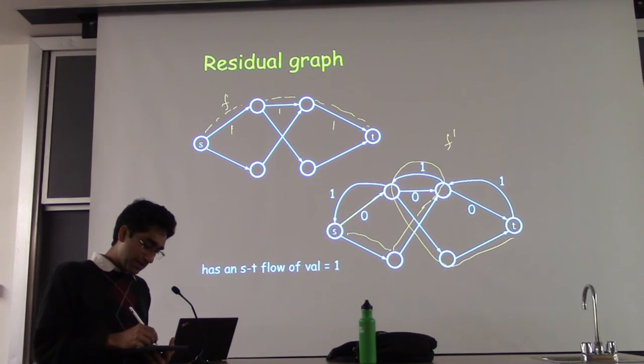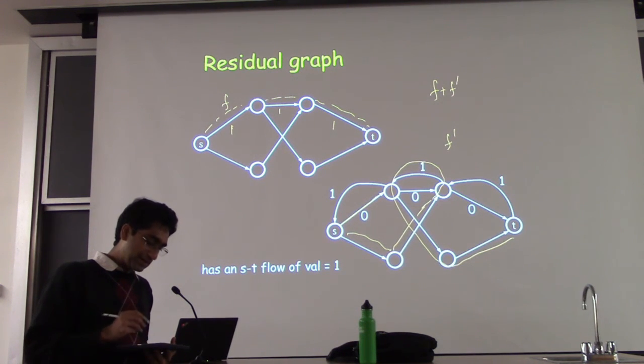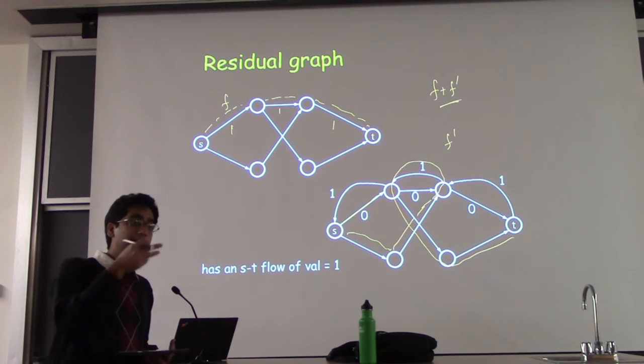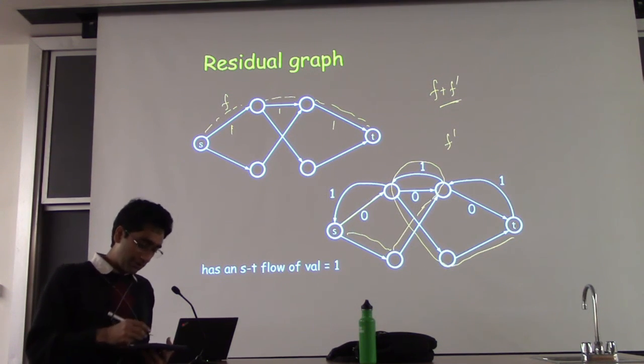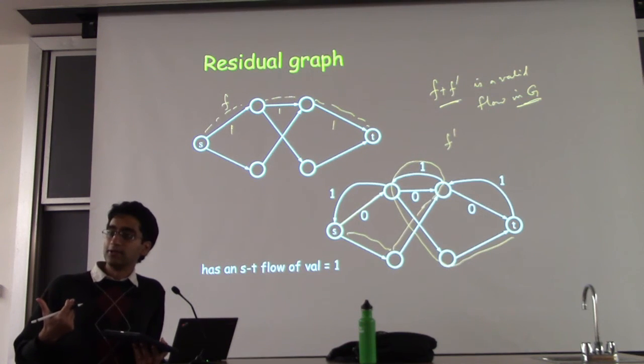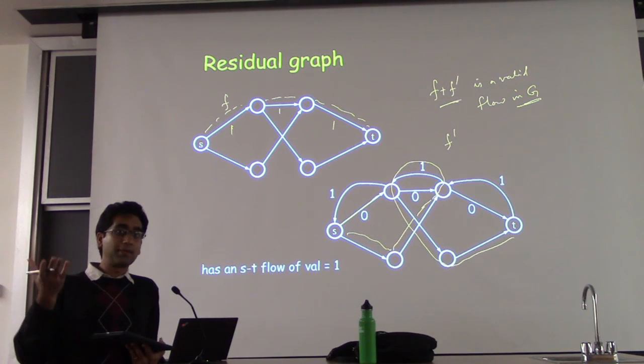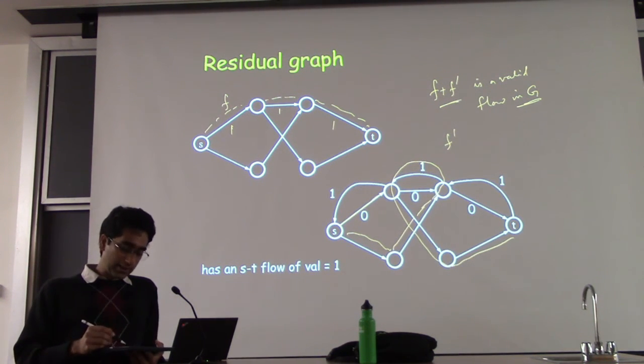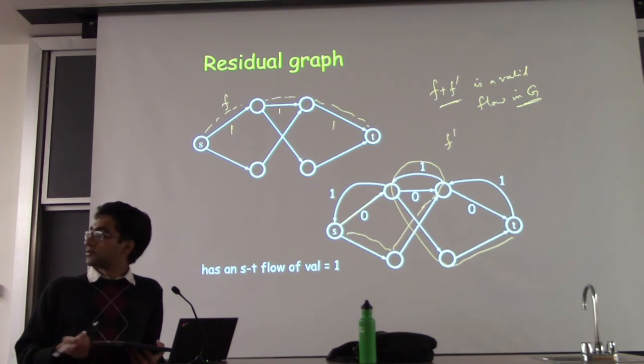And f plus f prime will satisfy all the original capacity constraints. So it will be a feasible, valid flow in G. That was a nice thing. It will satisfy all the original capacities, and you can convince yourself that this is true.